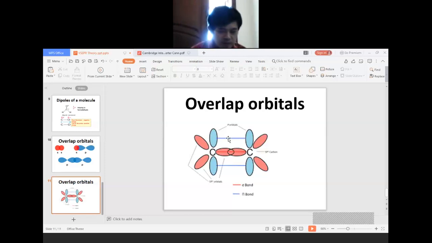Or how the triple bond forms in the nitrogen molecule? Okay, so this is the summary of the subchapter. In order for you to get the main concept, you have to read the textbook.